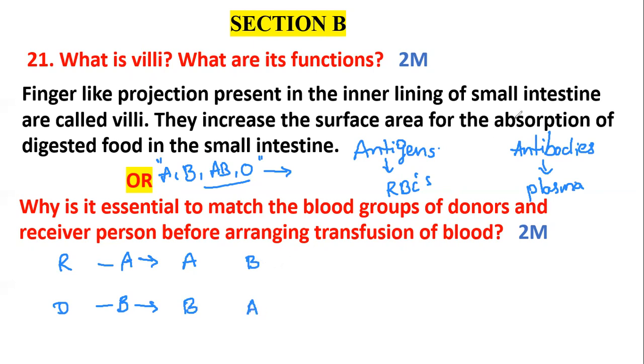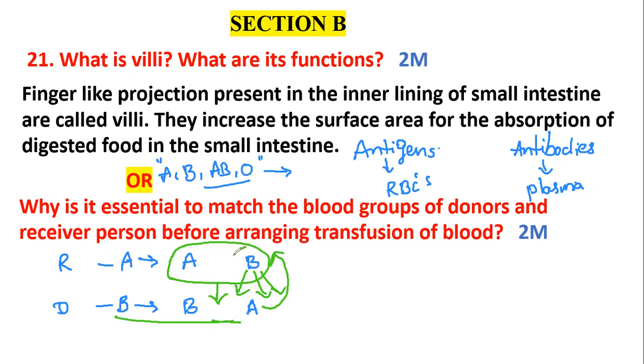Now, what is happening? If we transfuse blood from B to A, which is unmatched blood, the receiver's blood identifies this blood as a foreign particle or germ cells, which are not helpful to us. Like that, it identifies it and produces more antibodies against this blood group.